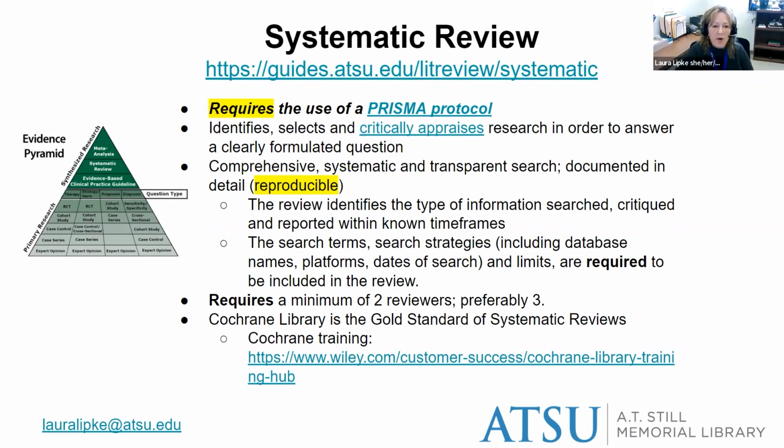Each step of the search process has to be documented so that it can be reproduced, including the search terms, the search strategies, which databases are used, which limits are used. Everything is required. It also requires a minimum of 2 reviewers. A third is preferable to break a tie, whether a piece of research is included in the review or not.